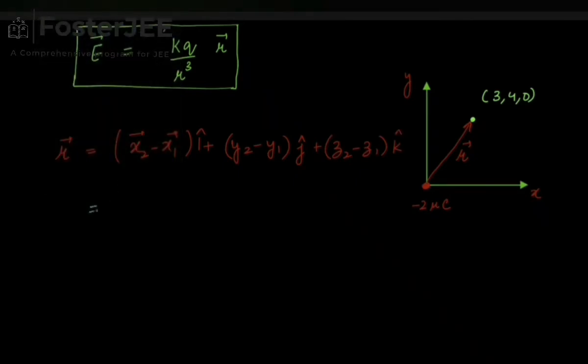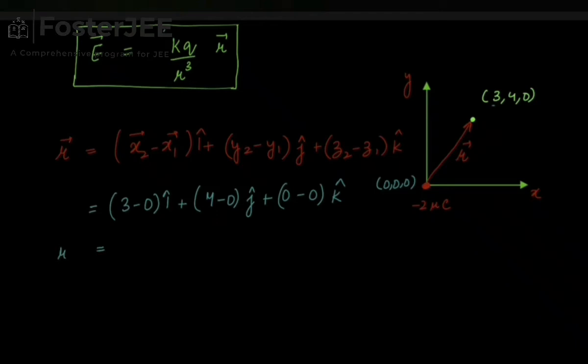Now, x2 is 3, so 3 minus x1; since this is origin, this is 0, 0, 0. This becomes 3 minus 0 i cap plus y2 is 4 minus 0 j cap plus z2 is 0 and z1 is also 0 because it lies in xy plane. So at any point in this plane z coordinate is 0. So this becomes r vector equals 3 i cap plus 4 j cap.